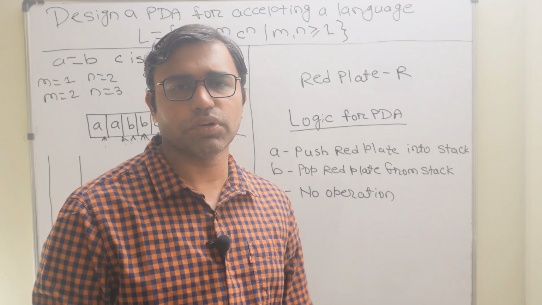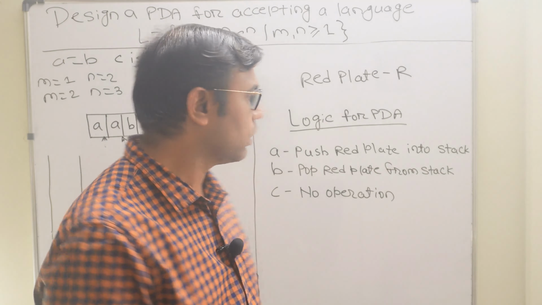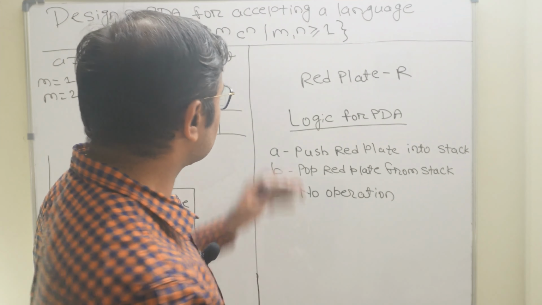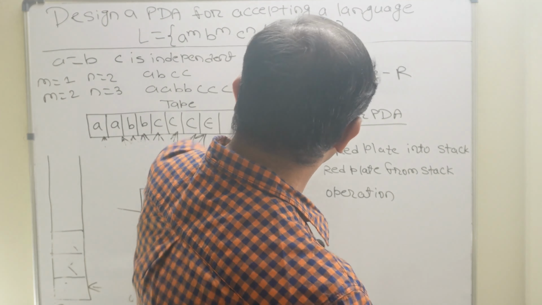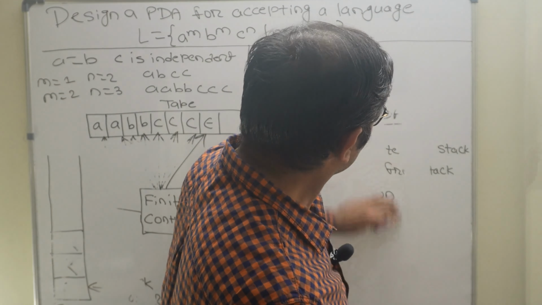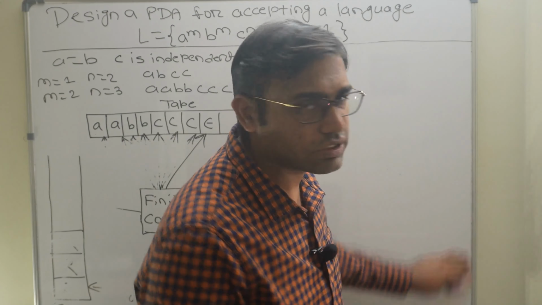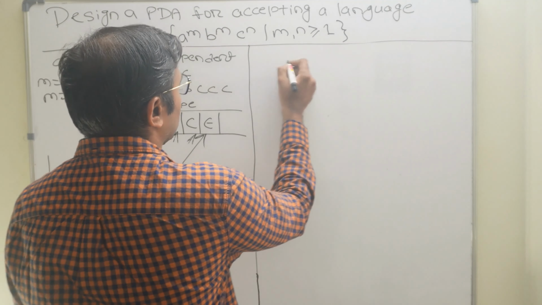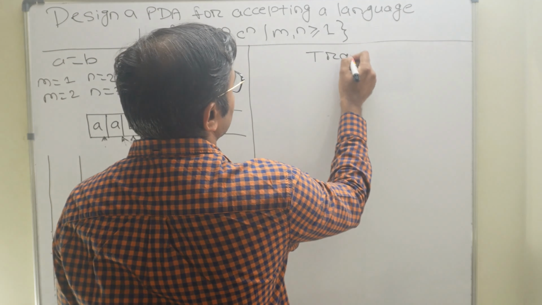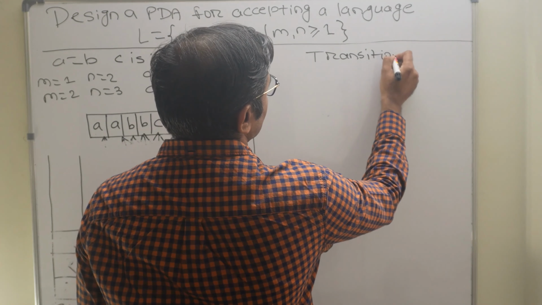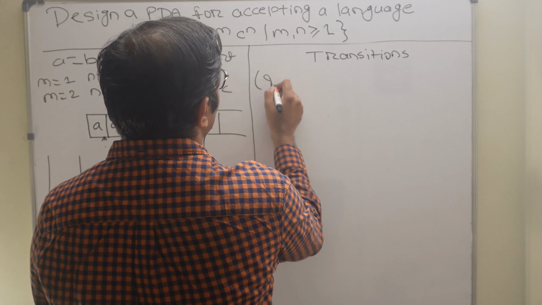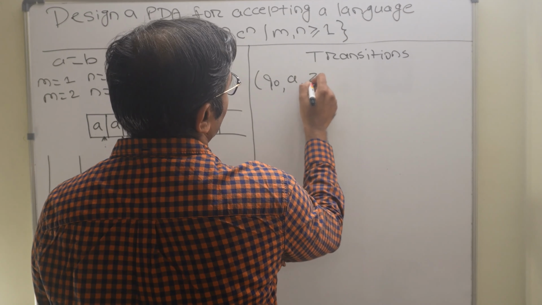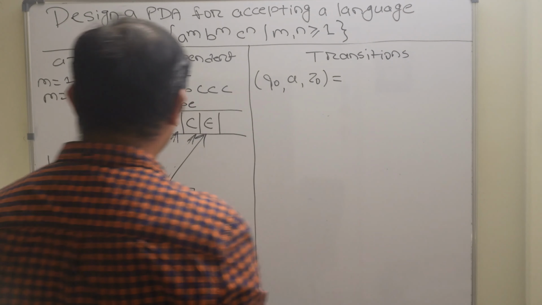Now the same thing we will write in the form of transitions. So let us see how to write the transitions. There are three input symbols A, B and C. In pushdown automata, I will change the state only when the input symbol changes. So these are the transitions. Q0 is the state, A is the input symbol, Z0 is the initial stack symbol.